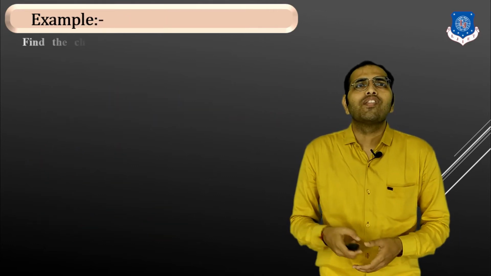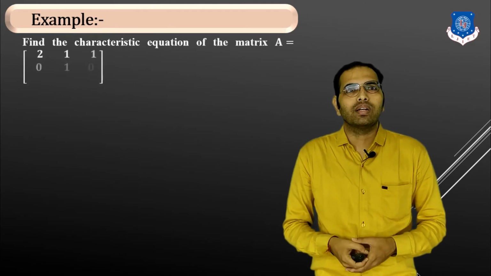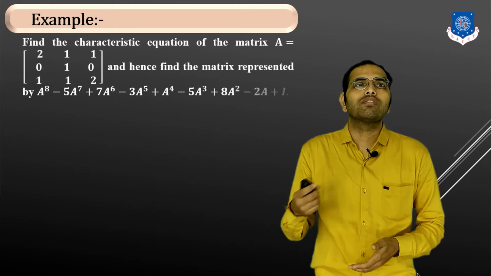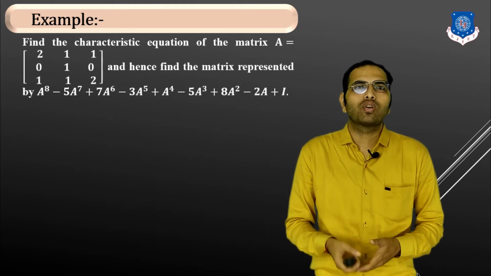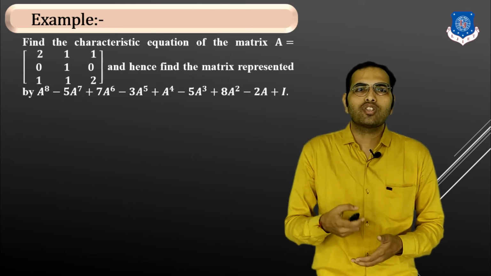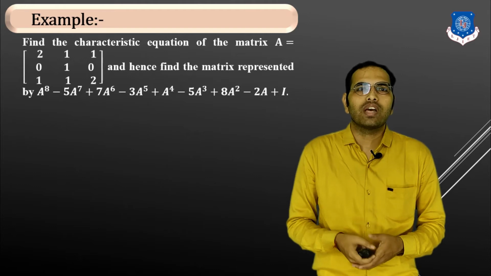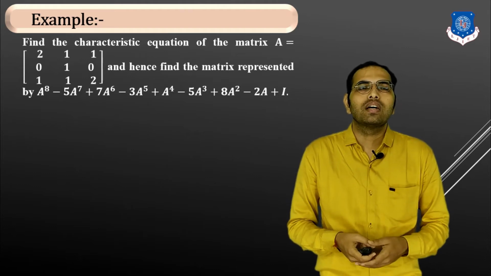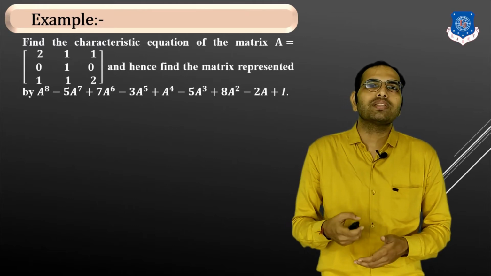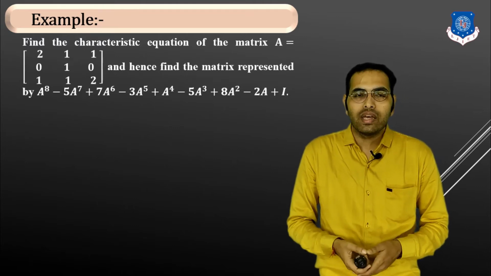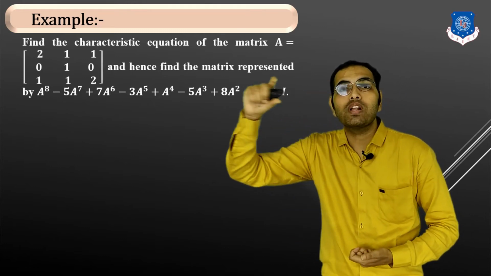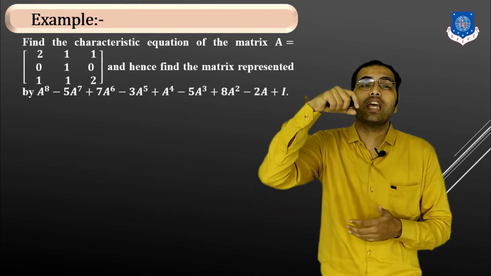Now similarly, we can find another example. Find the characteristic equation of the given matrix A equal to 2, 1, 1, 0, 1, 0, 1, 1, 2, and hence find the matrix represented by A raised to 8 minus 5A raised to 7 plus 7A raised to 6 minus 3A raised to 5 plus A raised to 4 minus 5A cube plus 8A square minus 2A plus I. Here our matrix is represented in polynomial form with highest power A raised to 8.